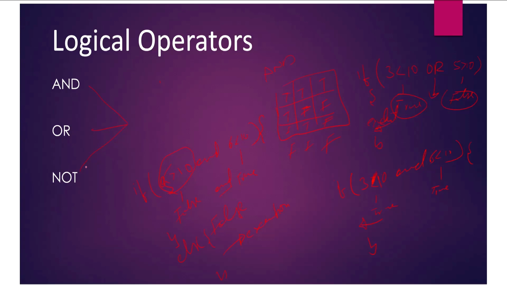And NOT. Here what NOT will do is, whatever the expression is evaluated to, it will make the inverse of that expression. If it is true it will make it false, if it is false it will make it true. Example, if not 10 less than 5.